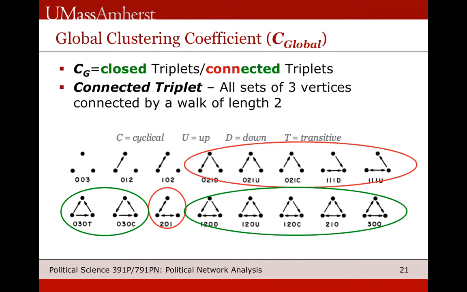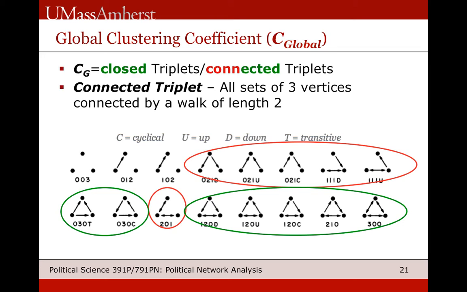Now, back to our concept of the differences between either closed triplets and those connected triplets, or any set of 3 vertices that are connected by a walk of at least 2, we can now calculate the global clustering coefficient regardless of whether we're talking about directed or undirected networks by taking the number of closed triplets that exist, i.e. the number of triangles in the nomenclature that we saw before, and dividing it by the number of connected triplets, which consists of basically all of the closed triplets and all of the 2 walk or 2-star triplets.